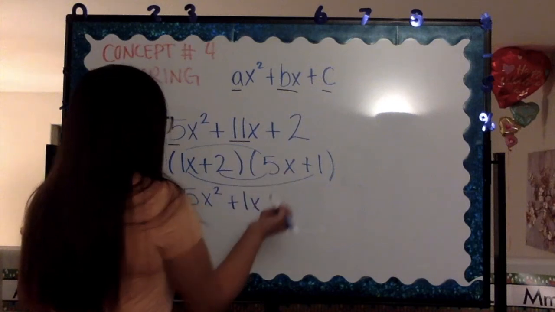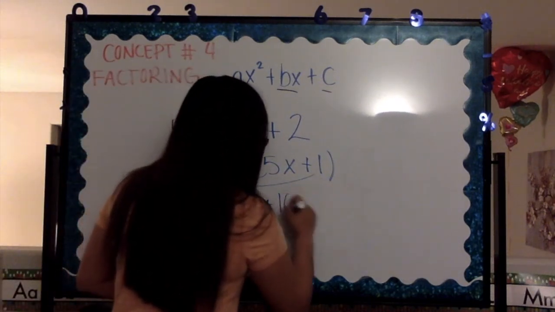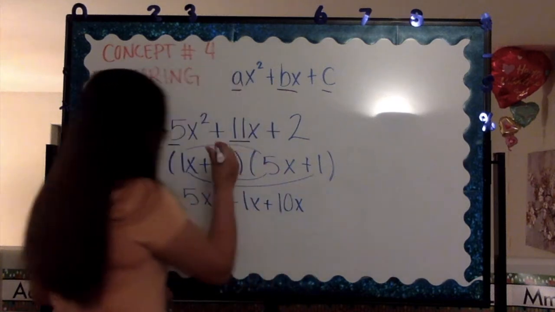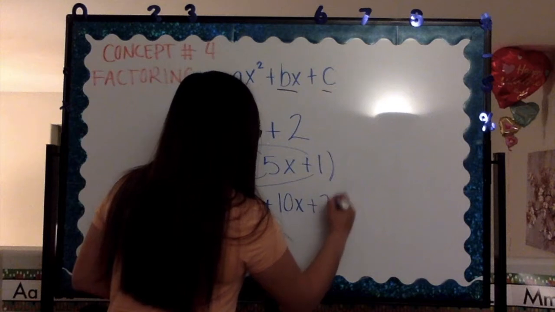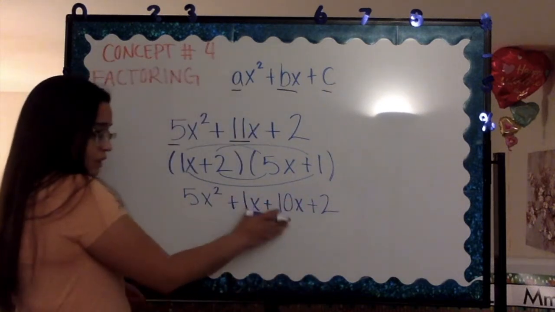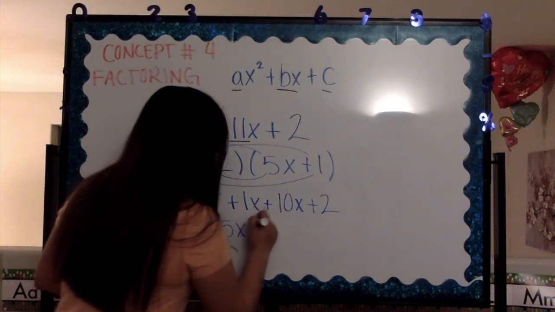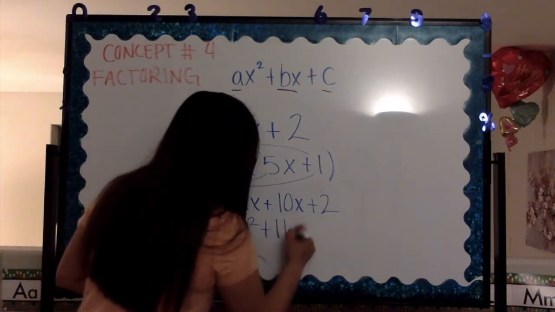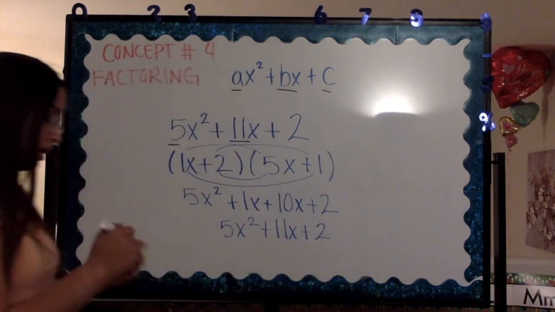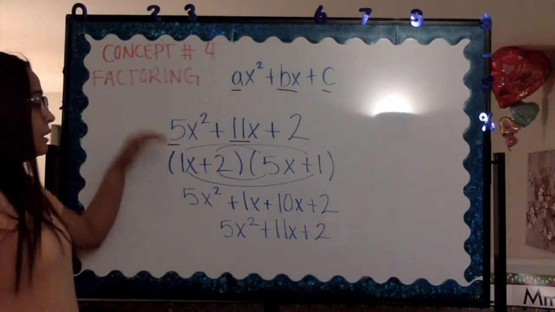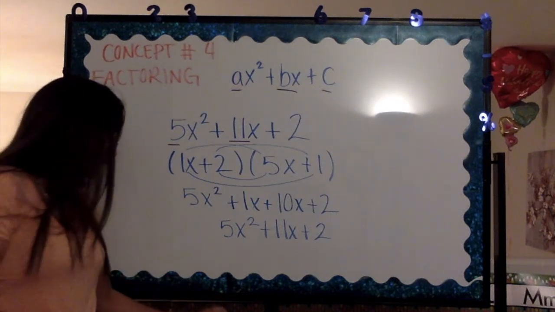My inner numbers are 2 and 5x, gives me 10x. 2 times 1 is 2. For my last numbers, combining like terms gives me 5x squared plus 11x plus 2. Again, our answers match. So that is correct.